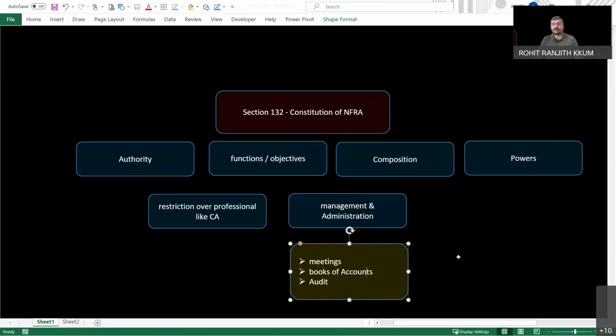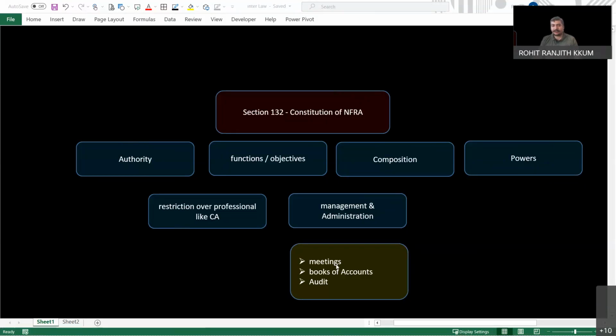Now let me tell you guys, these points are the different bifurcation of section 132, but the point is, when we read the provision of section 132, how to interpret it, how to go about it. So are you ready? Let's go about it. Look at total, 132 has this many subsections from 1 to 15.